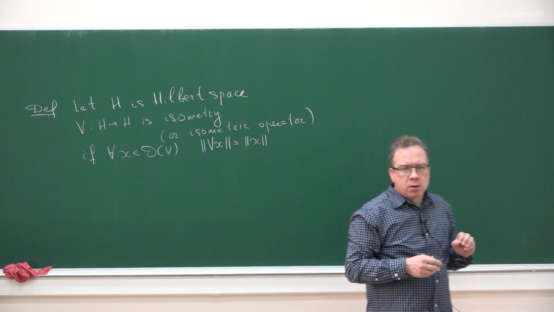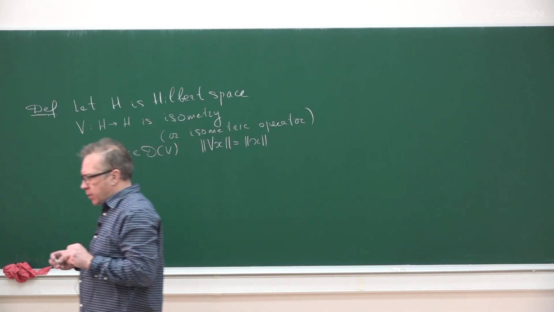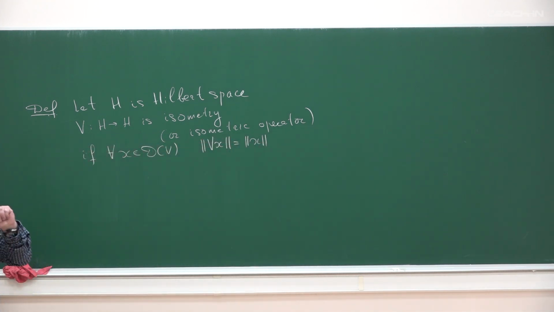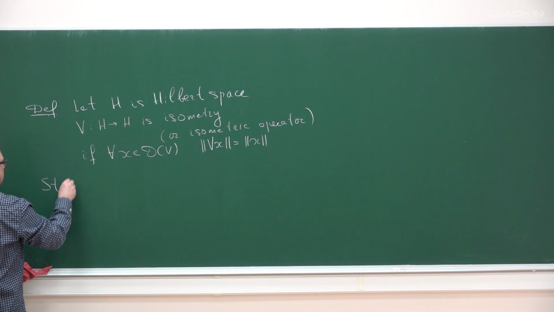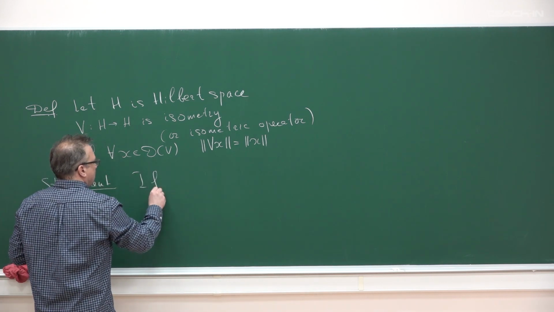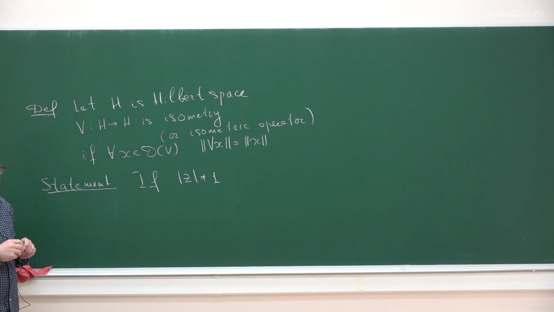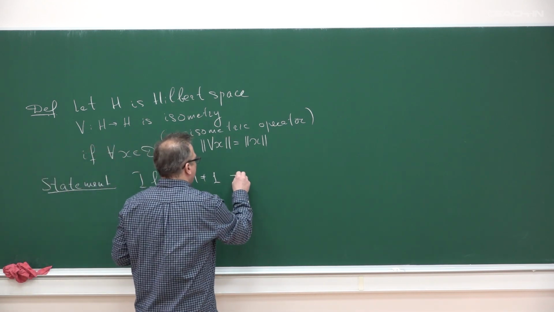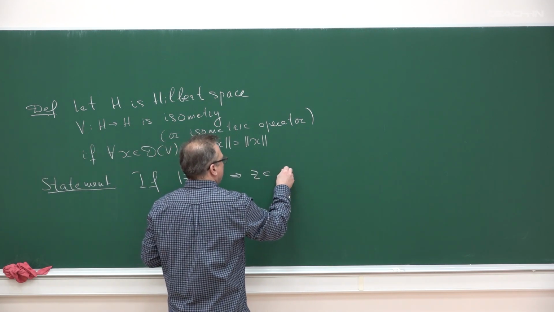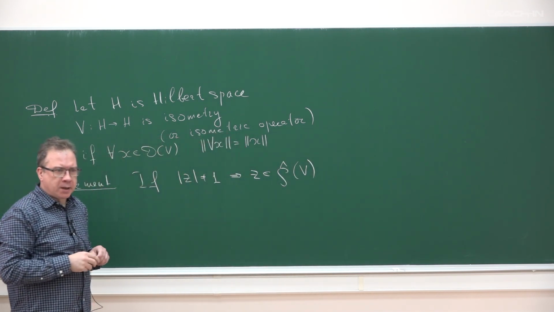So it is easy to show that for any complex number z which does not lie on the unit circle, it is a field of regularity. So, statement: if z is not on the unit circle, then z belongs to the, I remind you, field of regularity.